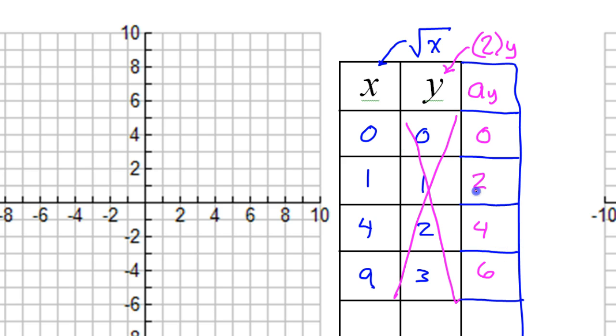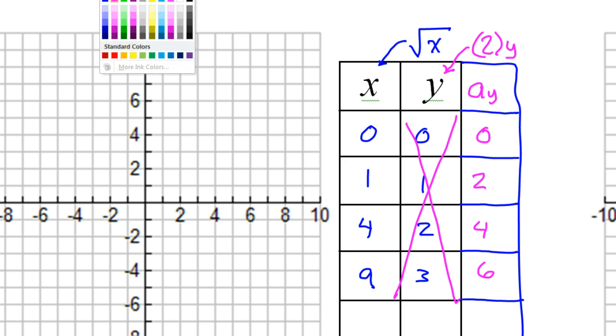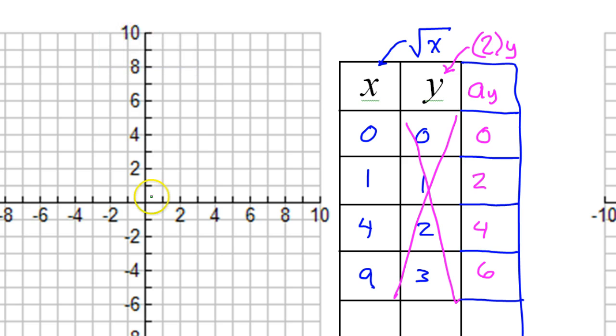So as we plot these points, this is the skeleton, not the final answer, so do not connect them. So we are plotting 0, 0, and 1, 2, and 4, 4, and 9, 6.